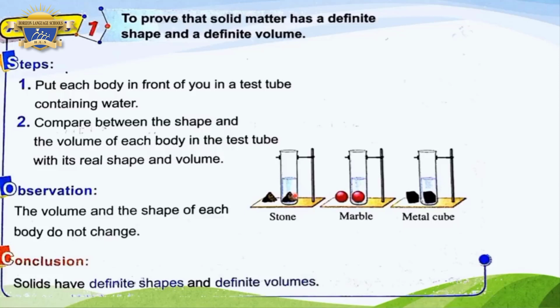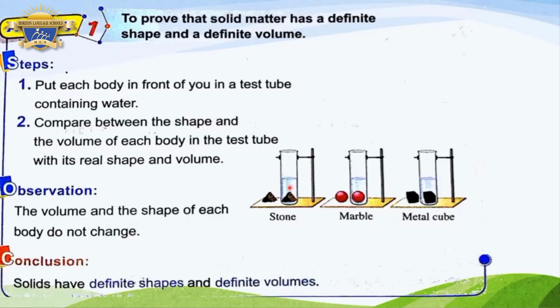Number 2, compare the shape and the volume of each one in the test tube with its real shape and volume. Observation: the volume and the shape of each body don't change. Why? Because solids have definite shape and definite volume.